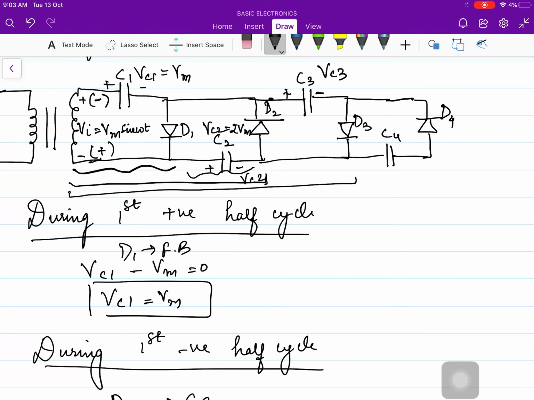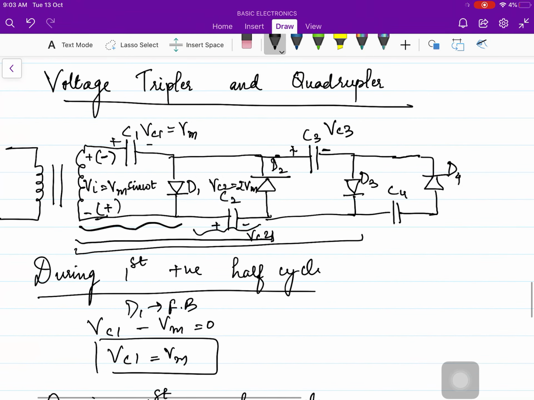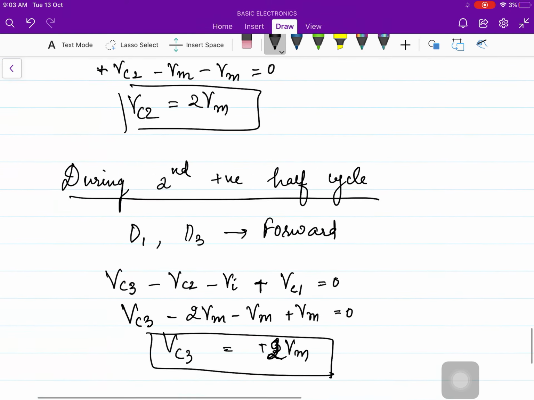By applying the KVL, you can see that VC3 comes out to be 2 Vm. So that is VC3 is equal to 2 Vm. So again it is 2 Vm.